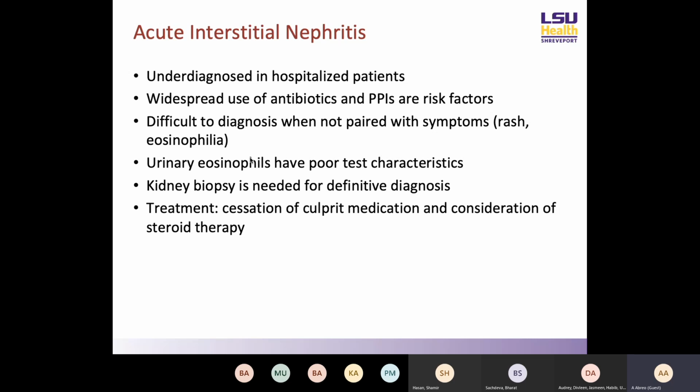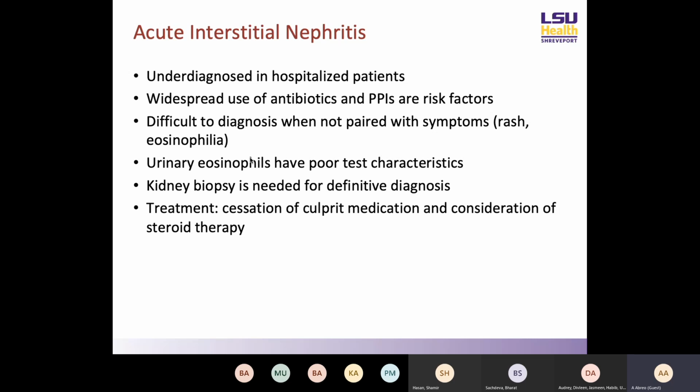A lot of people hang their hat on urinary eosinophils. If it's positive, of course it's suggestive and would clue you in, but if it's negative, that really doesn't rule out acute interstitial nephritis. And to make a definitive diagnosis, you should perform a kidney biopsy, but you don't have to perform it in every patient you suspect, especially if it's mild or it's improving with withdrawal of the agent.